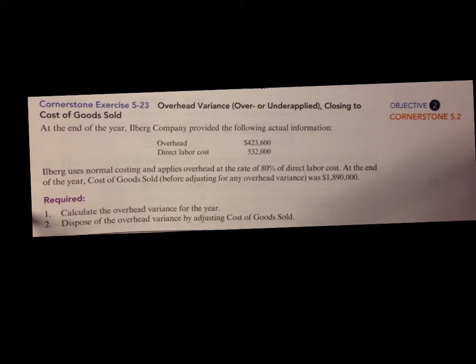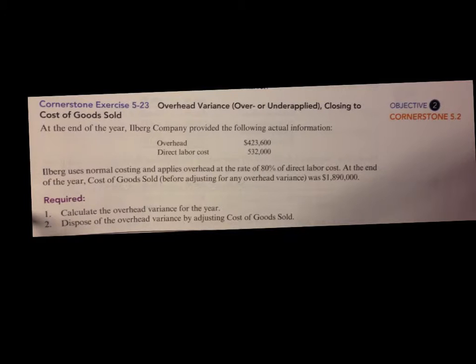However, you're trying to make it the adjusted cost of goods sold, which is plus or minus the variance. Adjusted cost of goods sold is equal to the unadjusted cost of goods sold less over-applied overhead plus under-applied overhead to get the solution.